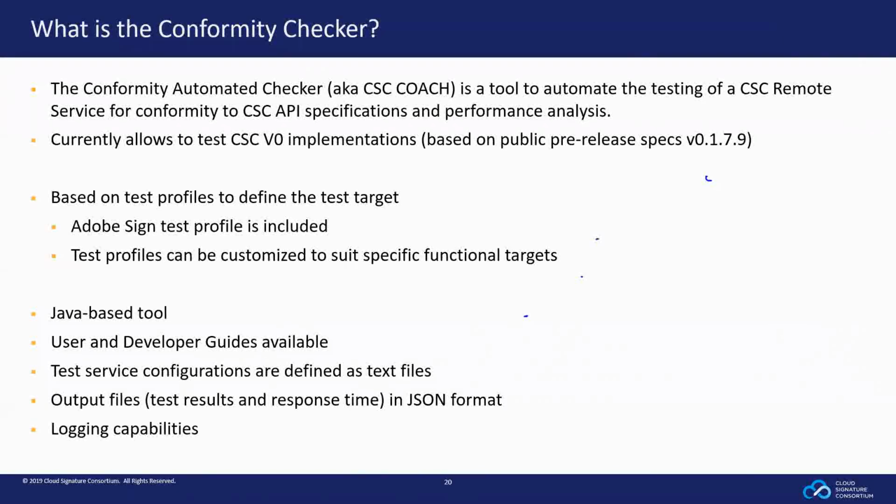And the output files, which are essentially two different types, test result and response time result, are available in JSON format, so they can also be used for purposes other than human reading. Of course, there are logging capabilities, so you can also view more detailed information and connect this information to other tools. Next slide.